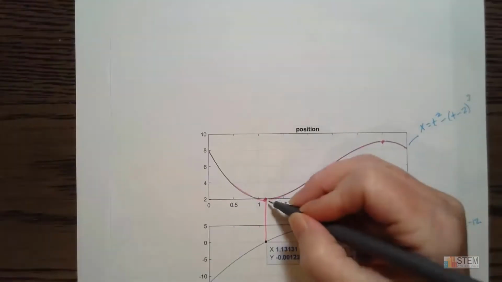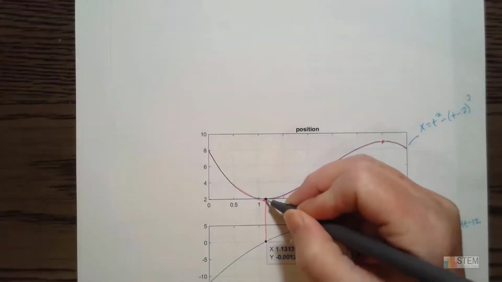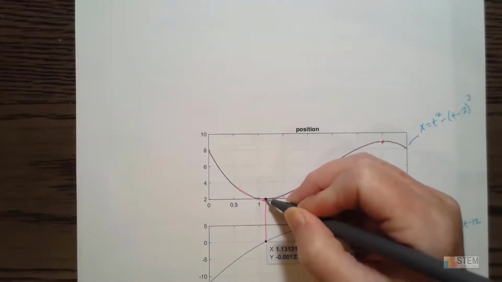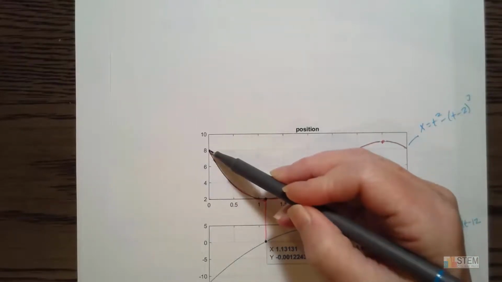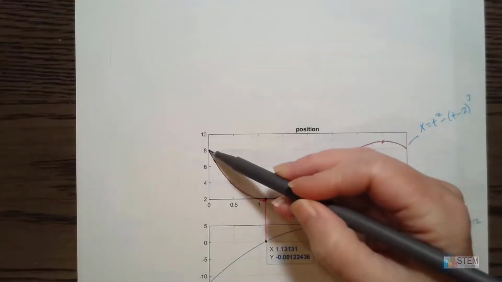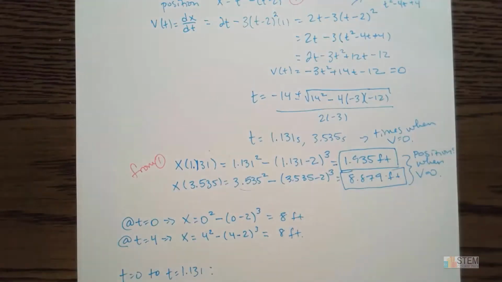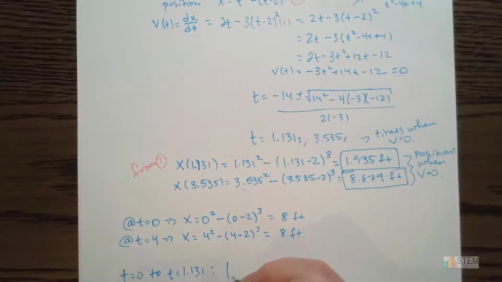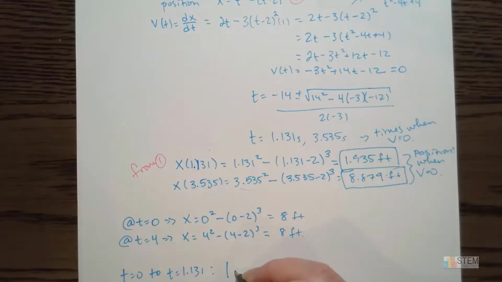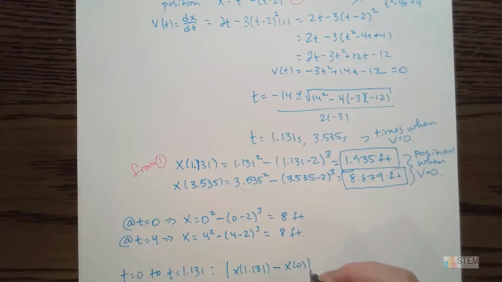So I want to find what the value of x is at t equals 1.13, and then the position location when t equals 0, which we already calculated to be 8, and then take that difference, because that'll be the distance traveled. And we don't really care about the sign, so let's just do the absolute value. Okay, so x at t equals 1.131 minus x at t equals 0.